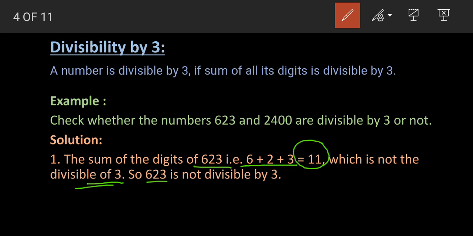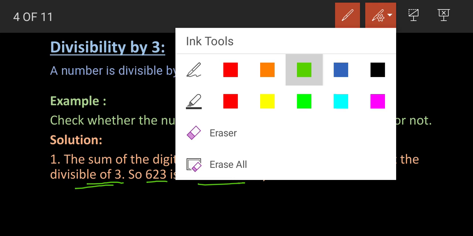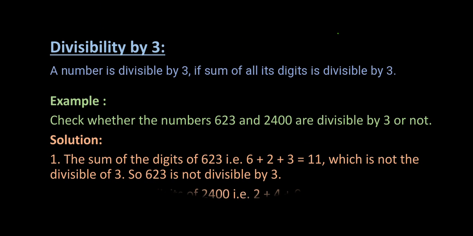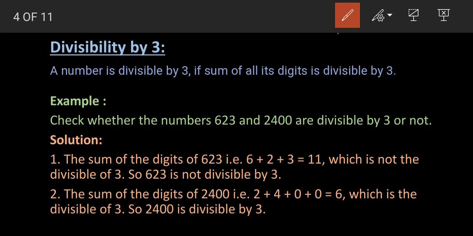So this number 623 is not divisible by 3. Now come to the second one. The sum of the digits of 2400, that is 2 plus 4 plus 0 plus 0, is 6. So 6 is divisible by 3, and we can say that 2400 is also divisible by 3.